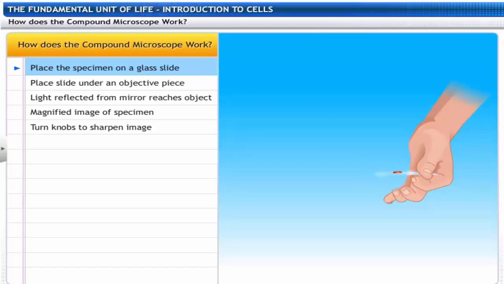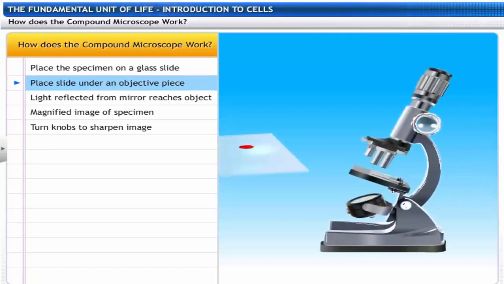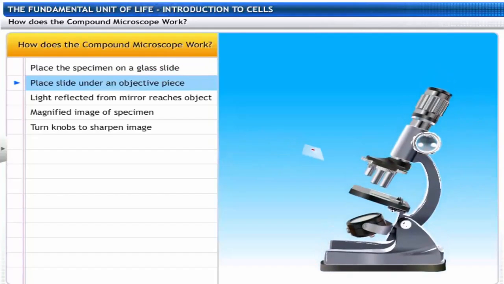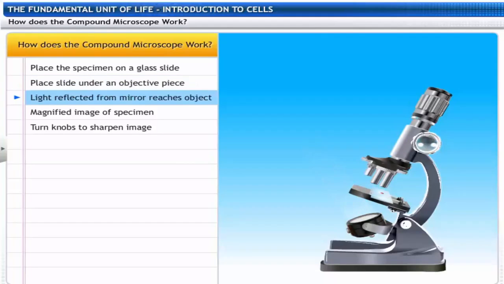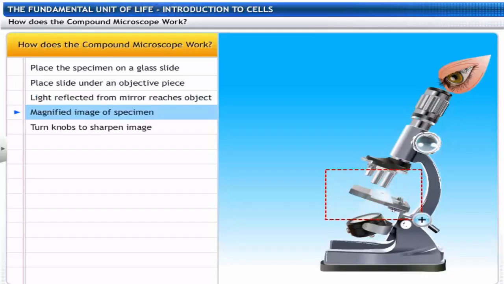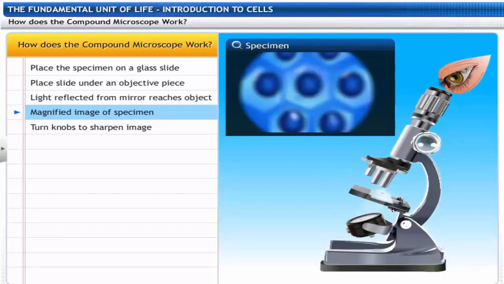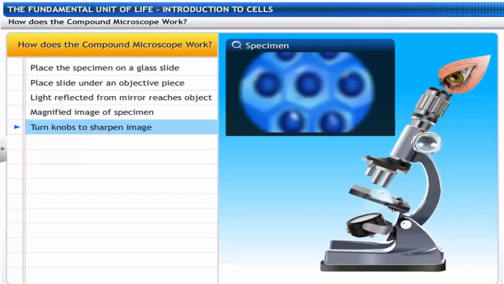The slide is then placed on the stage under an objective piece in the middle of the microscope. The light reflected from the mirror passes onto the object. From the eyepiece, a magnified image of the specimen can be seen. The side knobs are turned to get a sharper image.